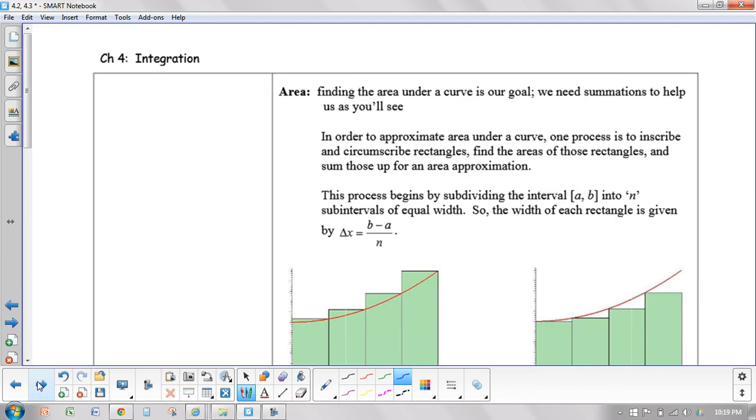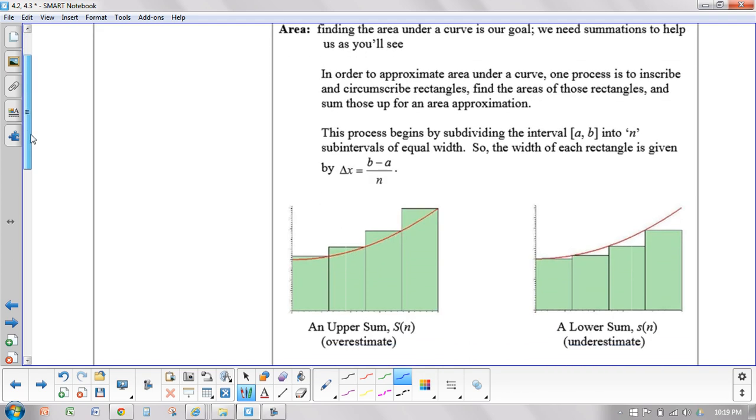Alright, so we're going to start talking about how to find area under a curve. And that is our ultimate goal for today, is really understanding that idea. And in order to do that, we're going to take a curve and we're going to start to use some rectangles to make that happen.